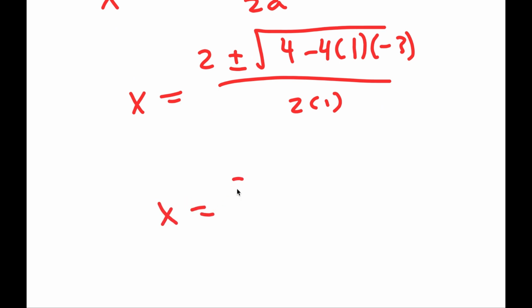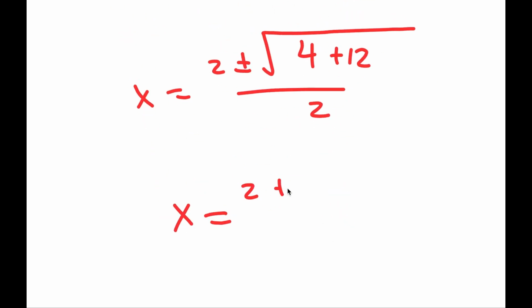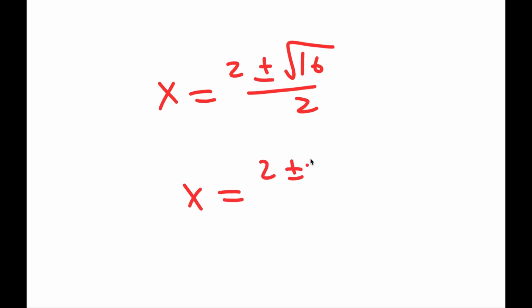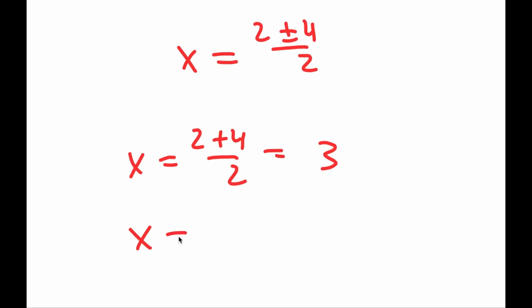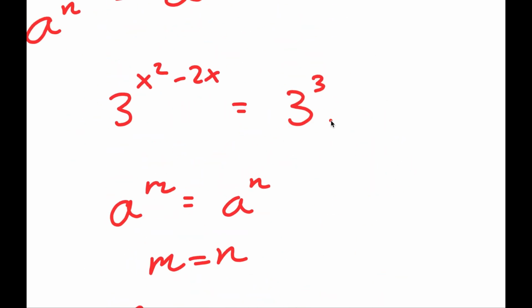And this is equal to 2 plus or minus the square root of 4 plus 12 over 2, which is equal to 2 plus or minus the square root of 16 over 2, which is equal to 2 plus or minus 4 over 2, meaning x is equal to 2 plus 4 over 2, which is 3, and x is also equal to 2 minus 4 over 2, which is negative 1. So these are my two solutions of x.